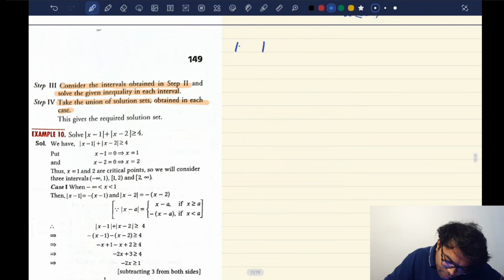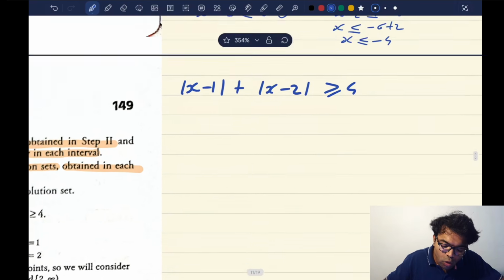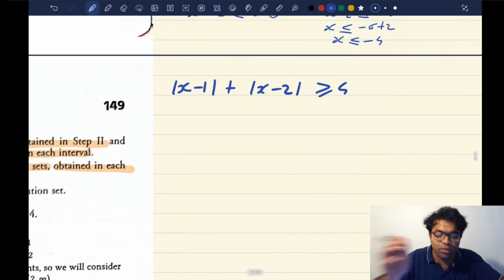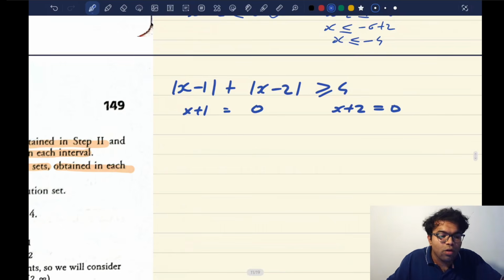Modulus of x minus 1 plus modulus of x minus 2 should be greater than or equal to 4. So first things first, what will you do? You will put both the terms inside the modulus equal to 0. So x plus 1 equals 0 and x plus 2 equals 0. So what will you get?